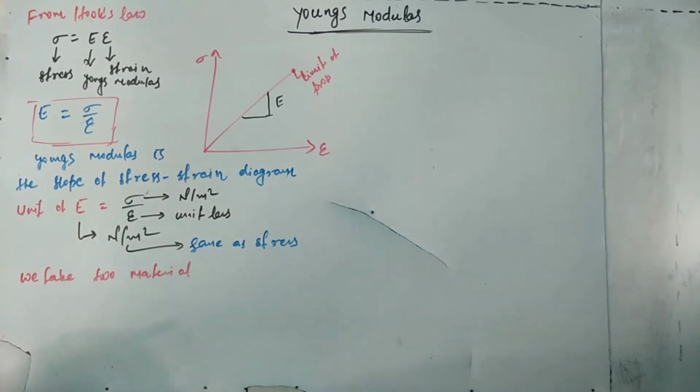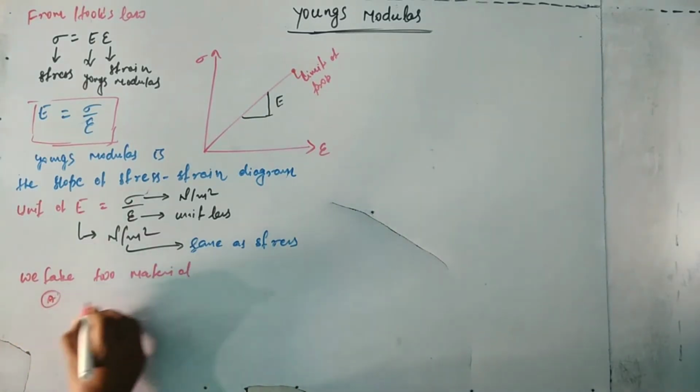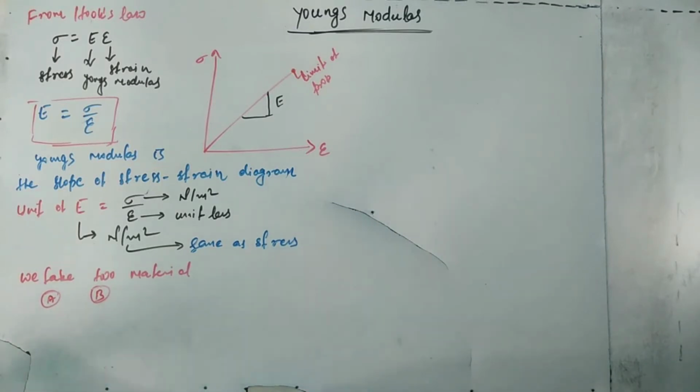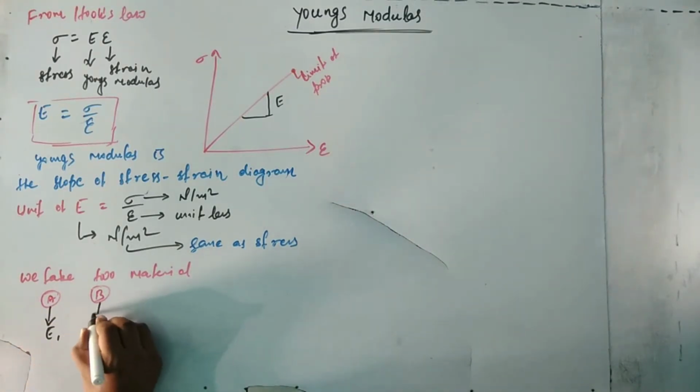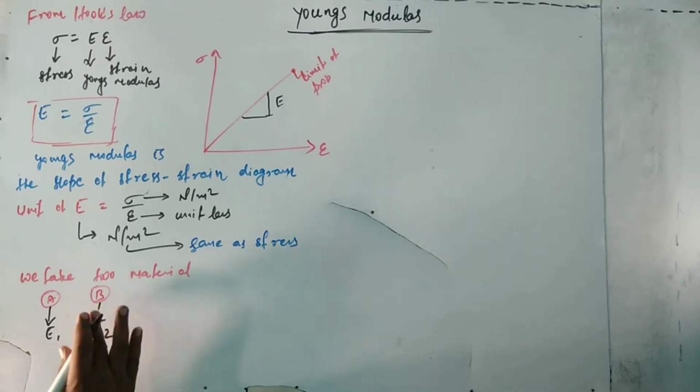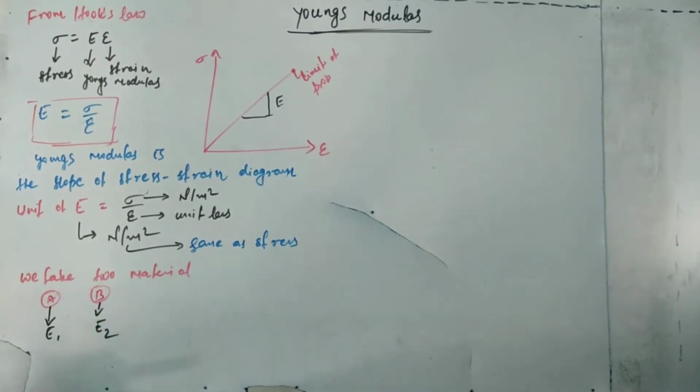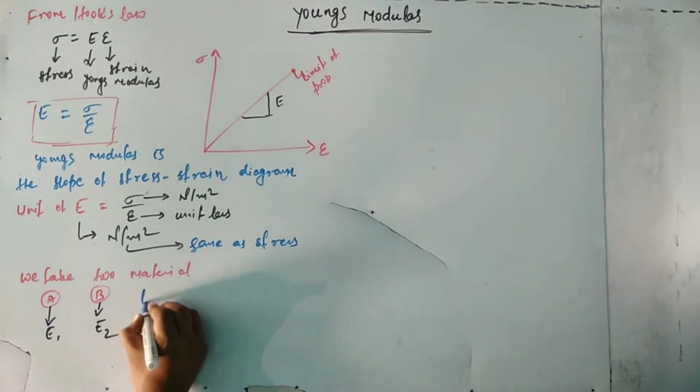Now, for details, we take two materials having different Young's modulus. For material A, Young's modulus is E1, and for material B, Young's modulus is E2.